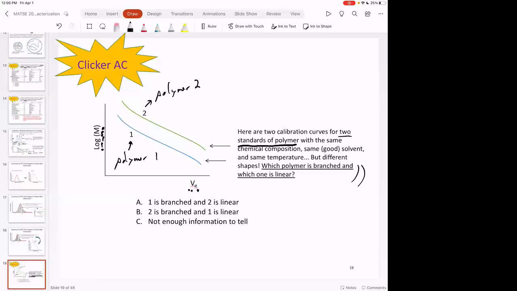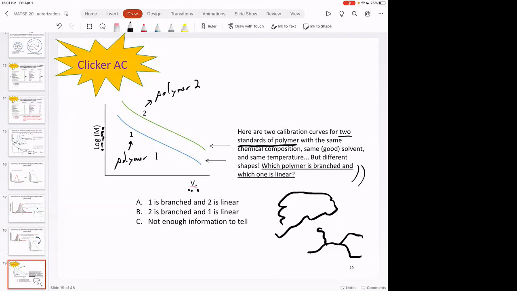That is tricky. And the way to think about this is if you have a linear polymer versus a polymer that's branched, which one is more compact? Right. The branched is more compact, right? There's more monomers that are closer to each other in the branched example, versus the linear, they're all spread out.